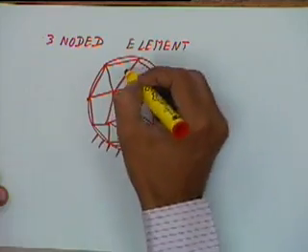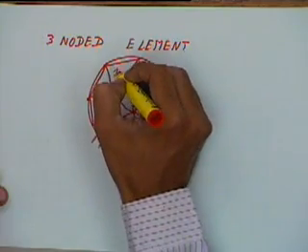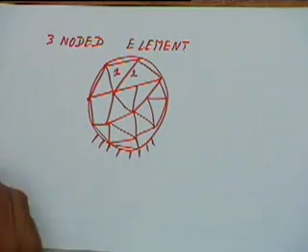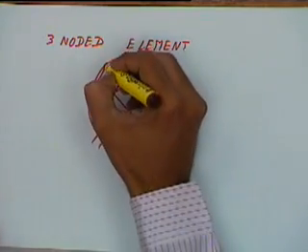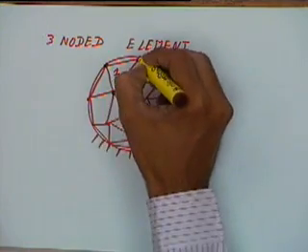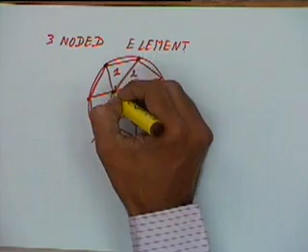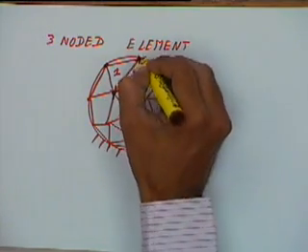Okay, in each of these elements, let us say this is element number 1, this is 2, each of these elements have 3 nodes. Okay, that is one node here, here and here. This is element number 1. Element number 2 will have 3 nodes, that is this, this and so on.